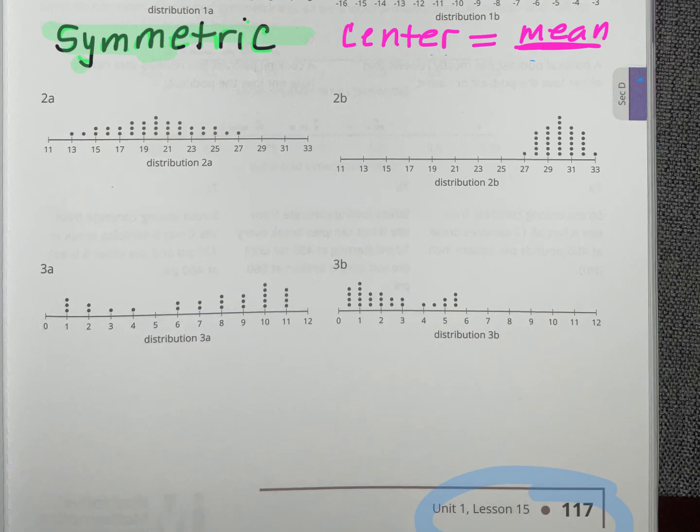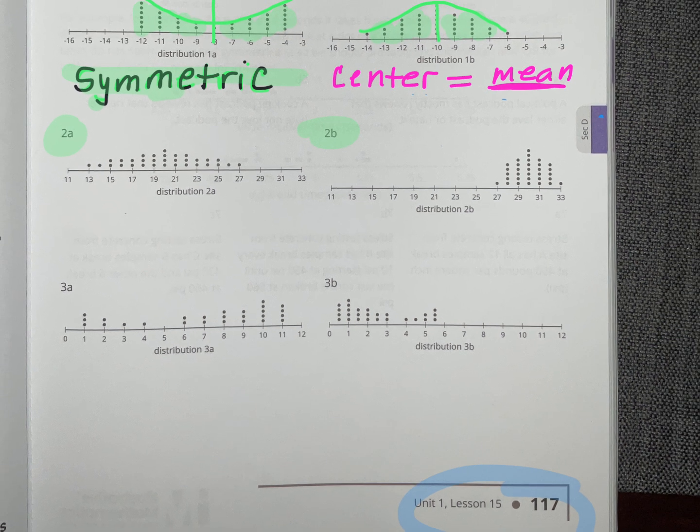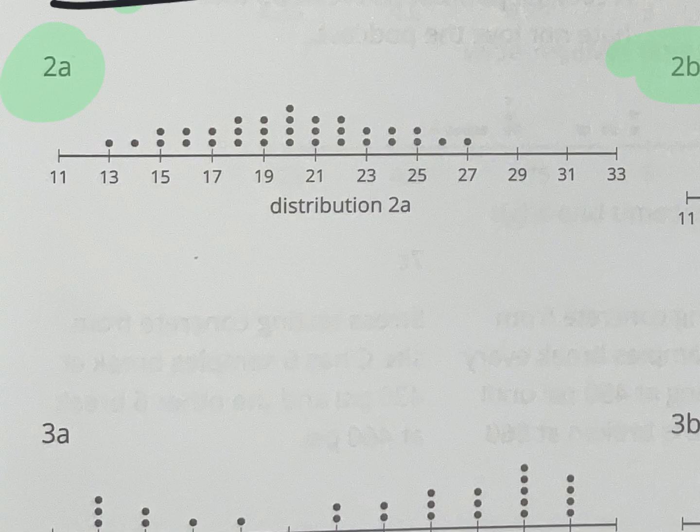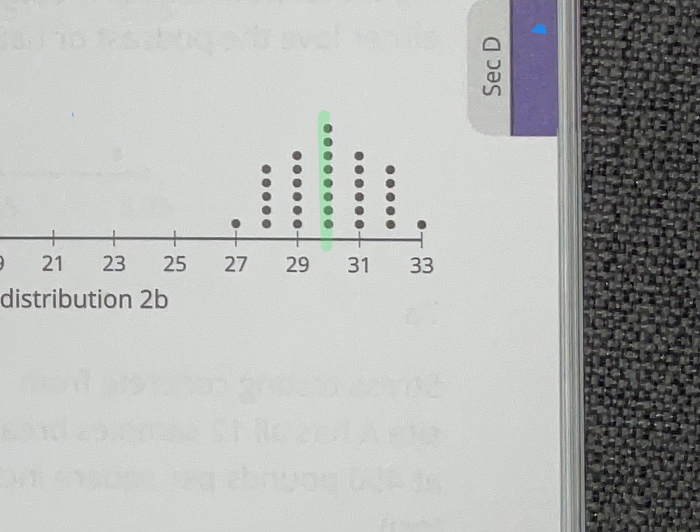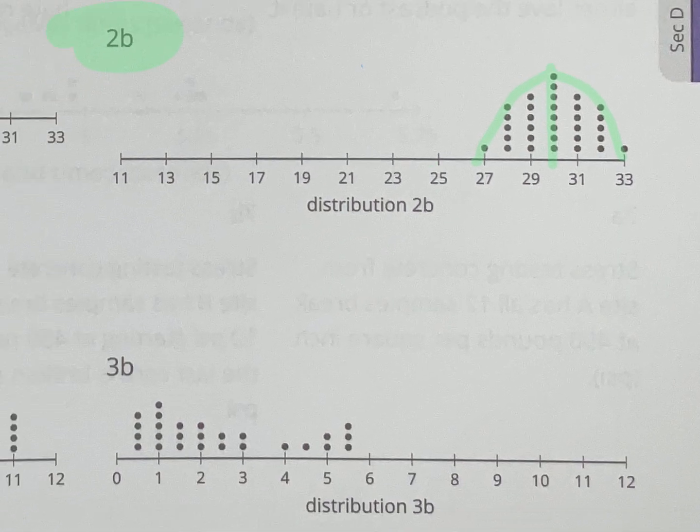Okay, now you pause the video and try to find your own answer for number 2. So remember, you want to ask yourself, are these symmetric? Hopefully you have paused the video and tried it yourself and are ready to now check your answer. Like the first problem, you've got your middle and it's pretty balanced on both sides. And 2B also has the middle and it's also symmetric on both sides.